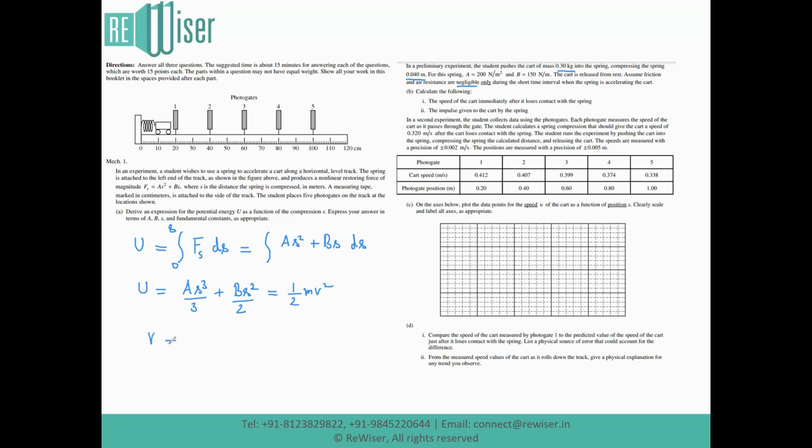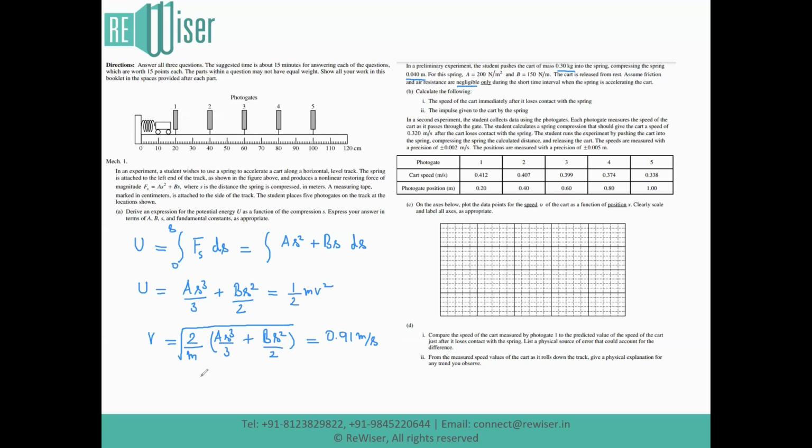Rewriting the equation in terms of v, we get 2 times (a s cubed by 3 plus b s squared by 2) divided by m, and this entire expression is under a square root. Simplifying, we get the value of v to be approximately 0.91 meter per second.